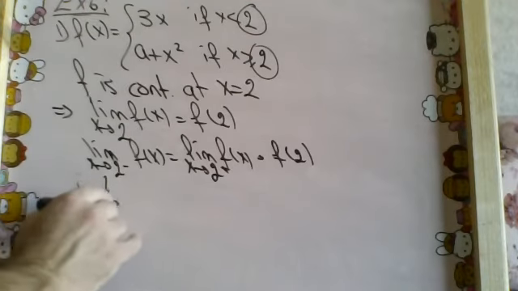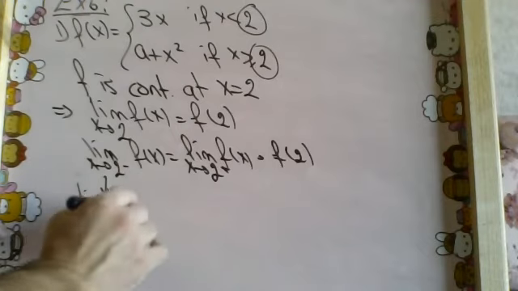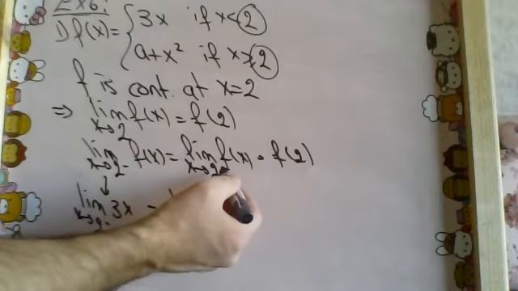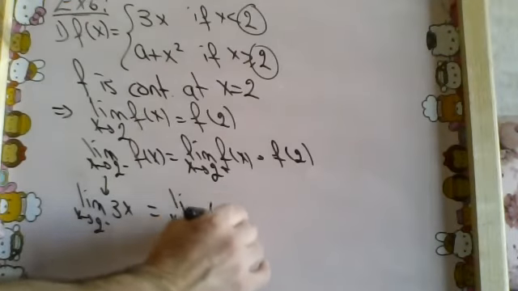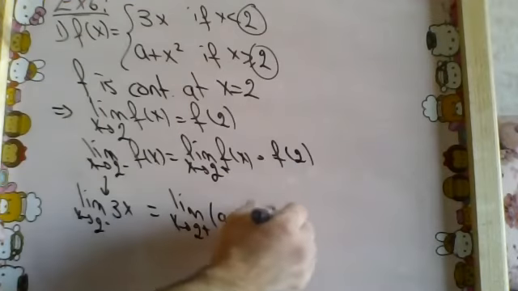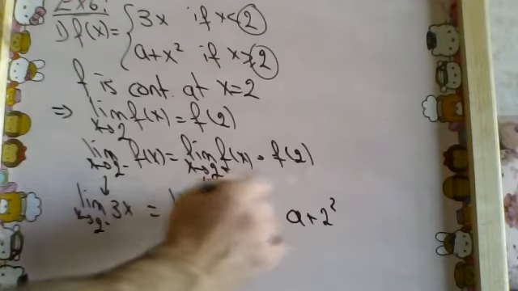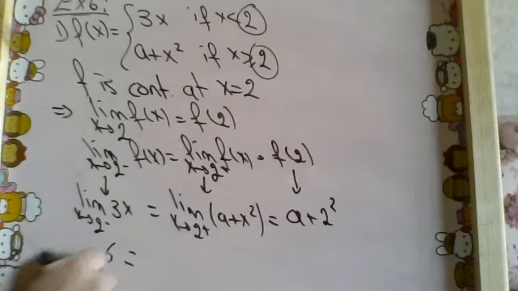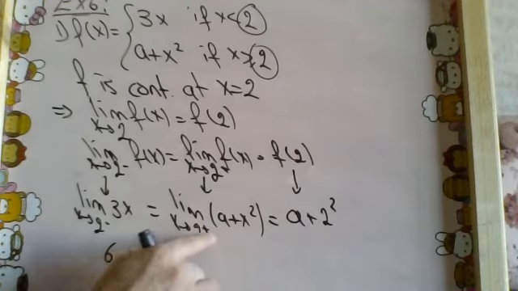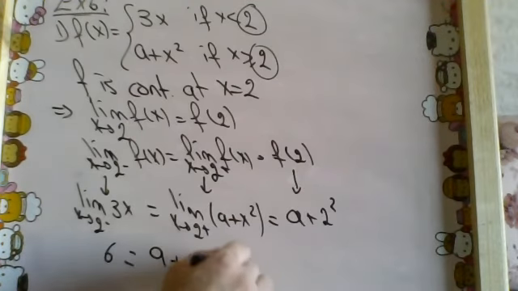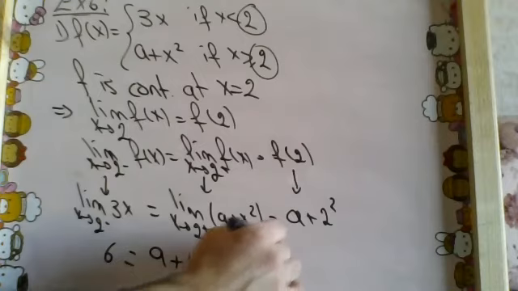The limit of 3x as x approaches 2 minus is equal to the limit as x approaches 2 plus of a plus x squared, which is equal to f of 2. F of 2 is a plus 2 squared. The limit as x approaches 2 minus of 3x is 6, and the limit as x approaches 2 plus is a plus 4. Similarly, f of 2 is a plus 4. If a plus 4 equals 6, then a is equal to 2.